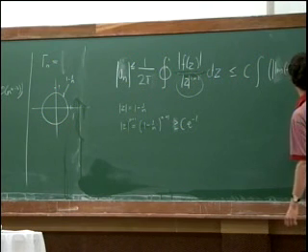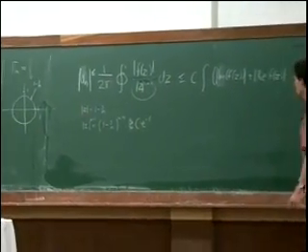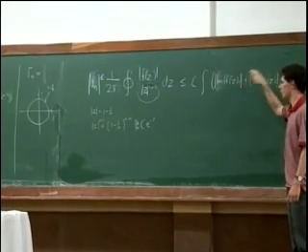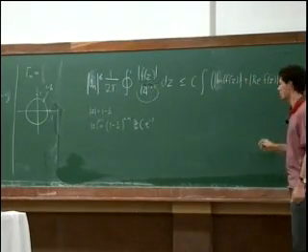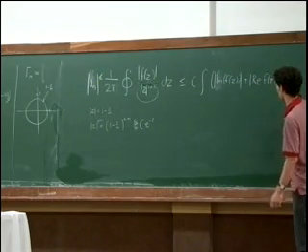We evaluate it by taking the real and imaginary parts separately, which would be bigger than the absolute value, and take this to the power minus b.